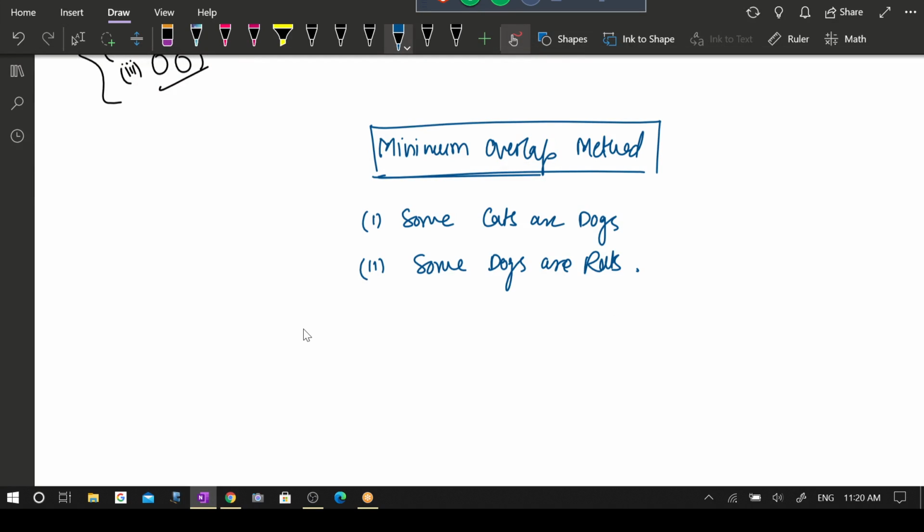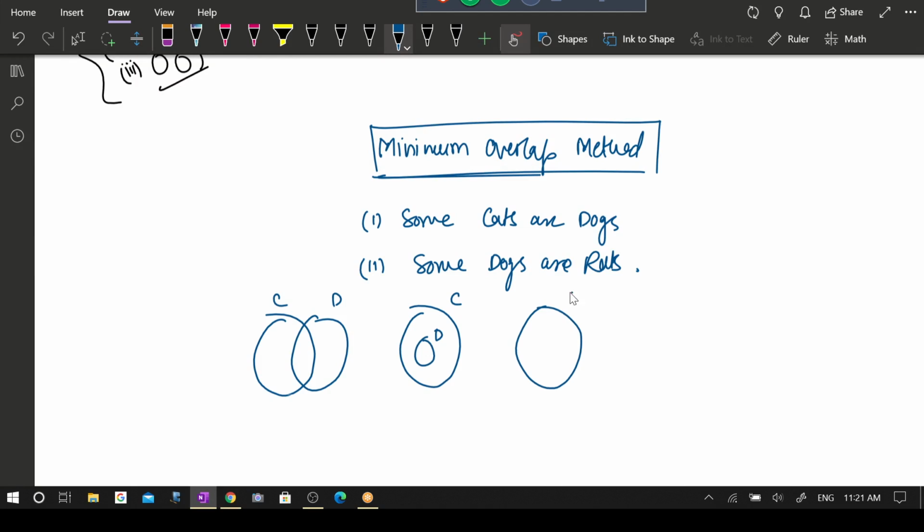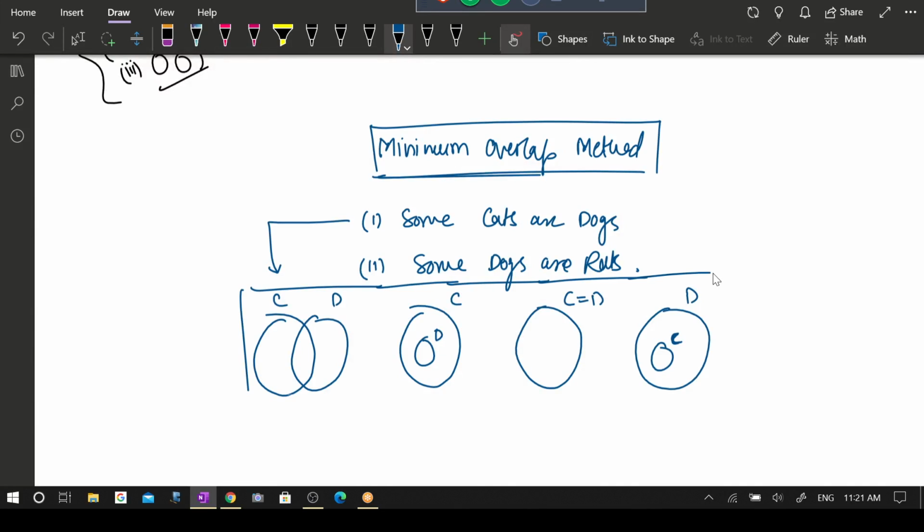Some cats are dogs would have four outcomes. Now we have four possible outcomes with the first premise.